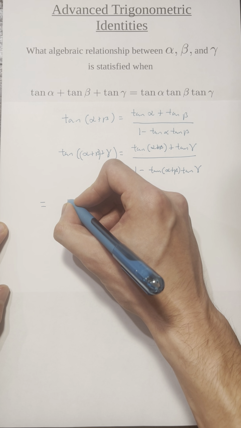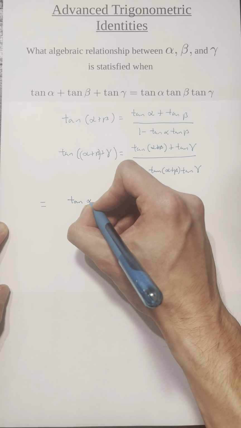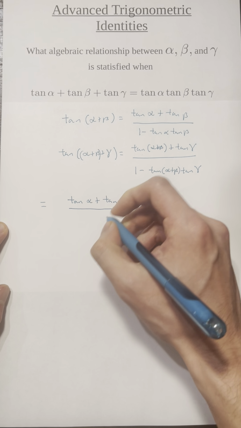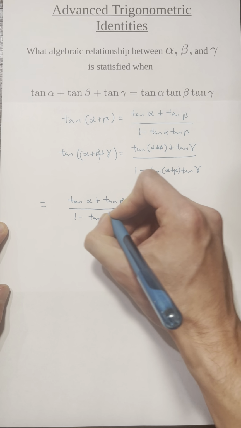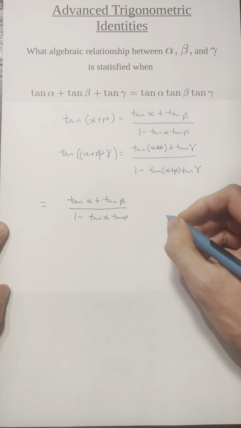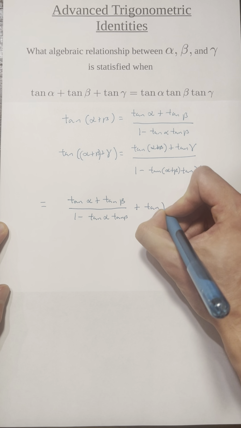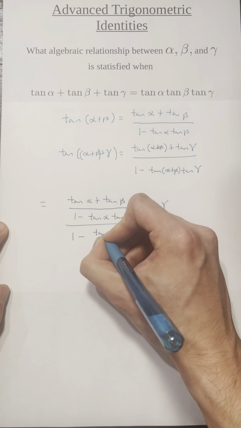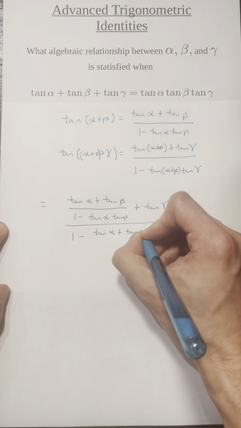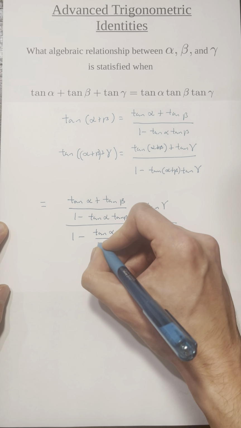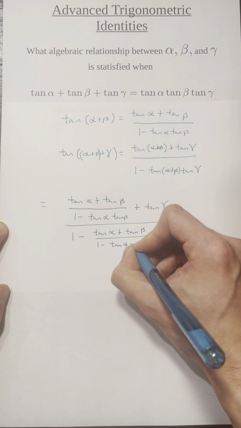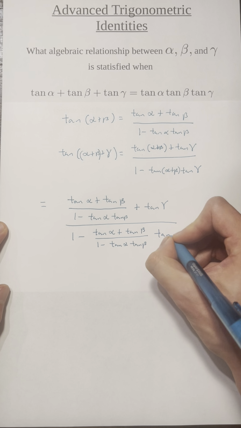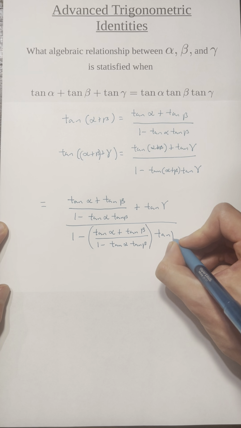So it's going to be equal to tangent alpha plus tangent beta over 1 minus tangent alpha times tangent beta plus tangent gamma over 1 minus tangent alpha plus tangent beta over 1 minus tangent alpha times tangent beta times, put a parenthesis here, times tangent gamma.